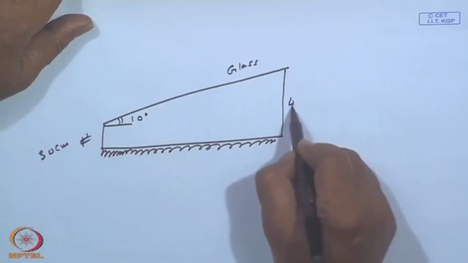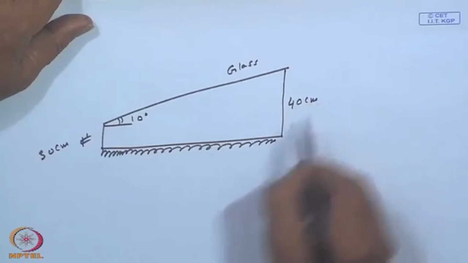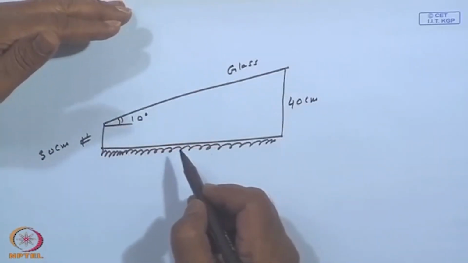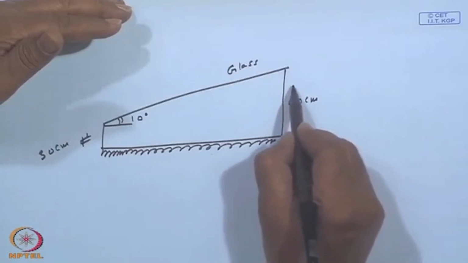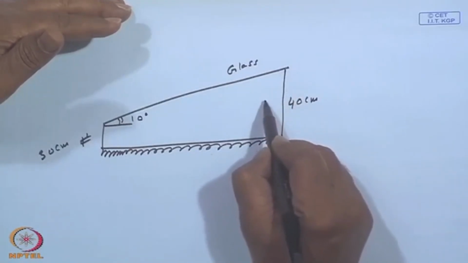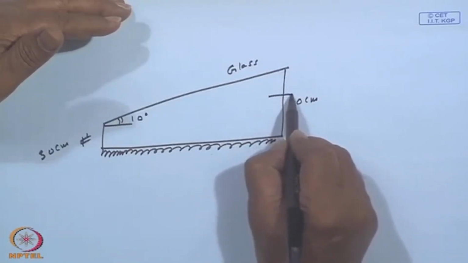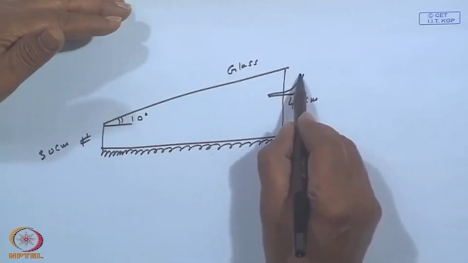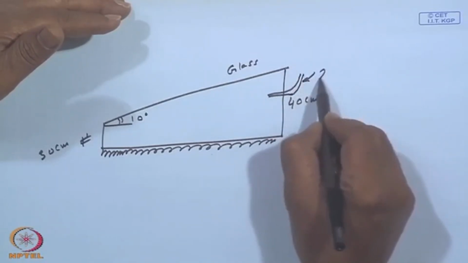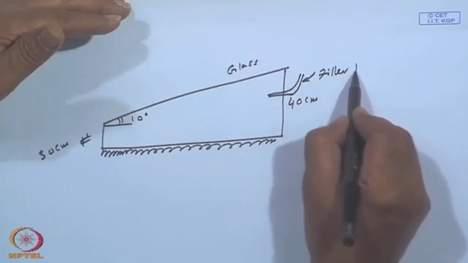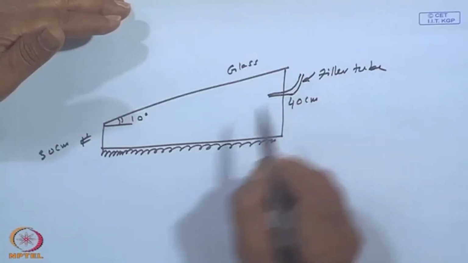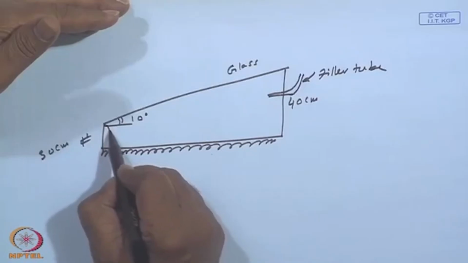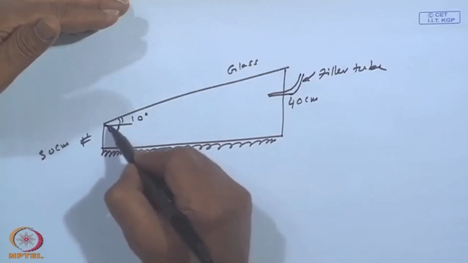And this may be 40, depending on the slope, if it is 1 meter you can calculate. And you may have a filler tube over here, and then you have a collecting channel.